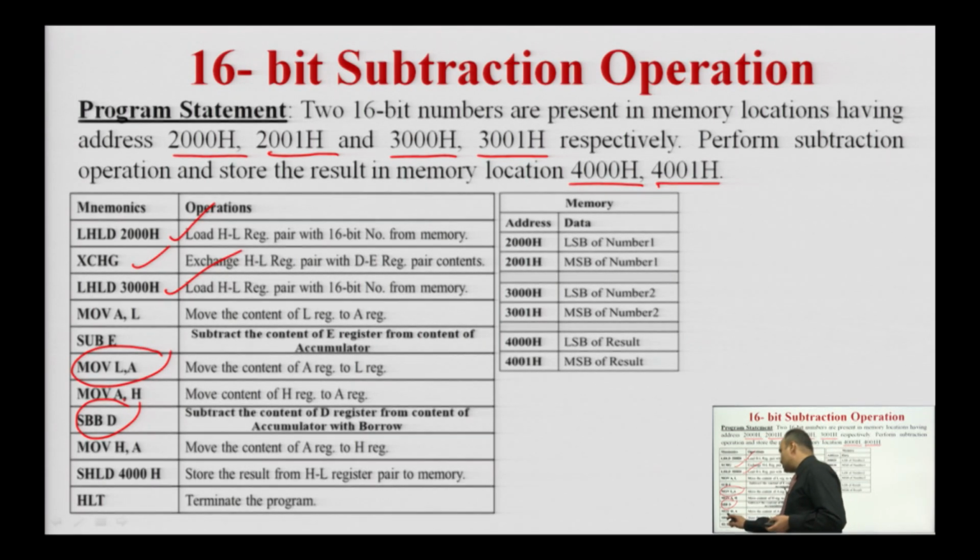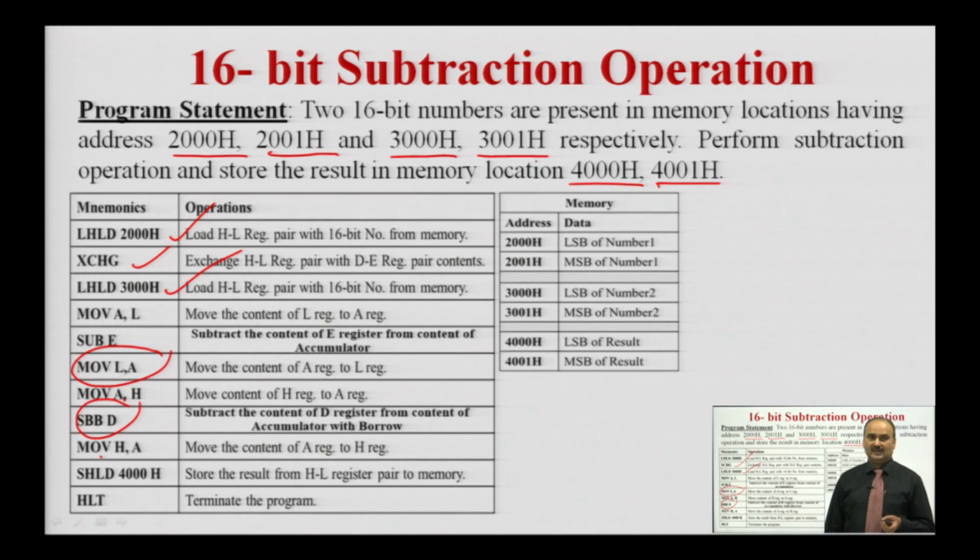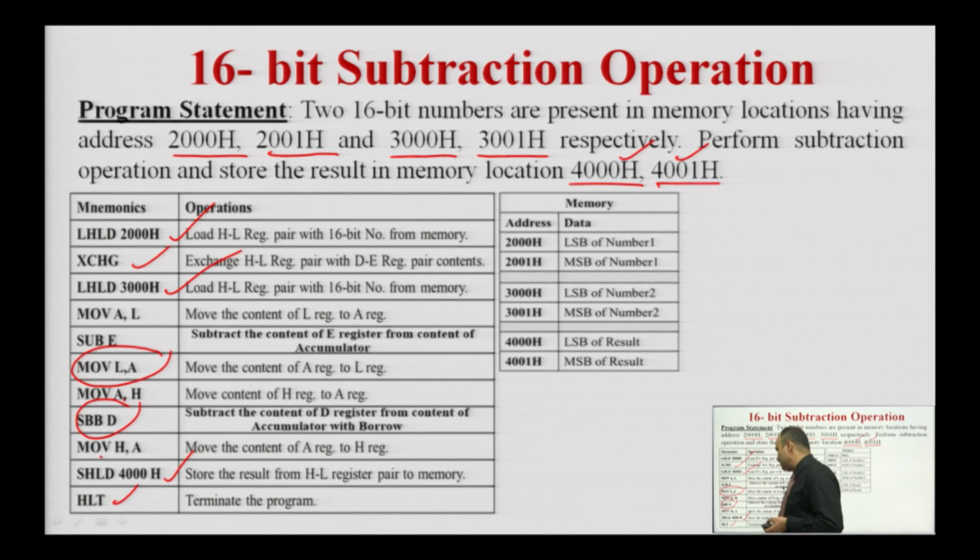Then we use the instruction MOV H, A. With this instruction, the processor will transfer the content of the accumulator into the H register, and finally with the help of SHLD we store the result of the 16-bit subtraction operation into memory locations 4000H and 4001H, and terminate the program with the help of the HLT instruction.